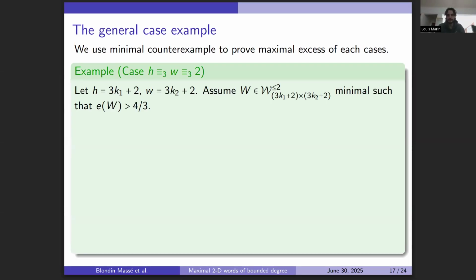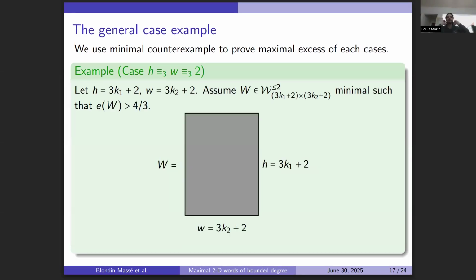Basically, we have that our word W is a minimal counterexample, minimal such that its excess is strictly greater than 4/3. So it's at least 7/3. Its width is a multiple of 3 plus 2, and its height is also a multiple of 3 plus 2.